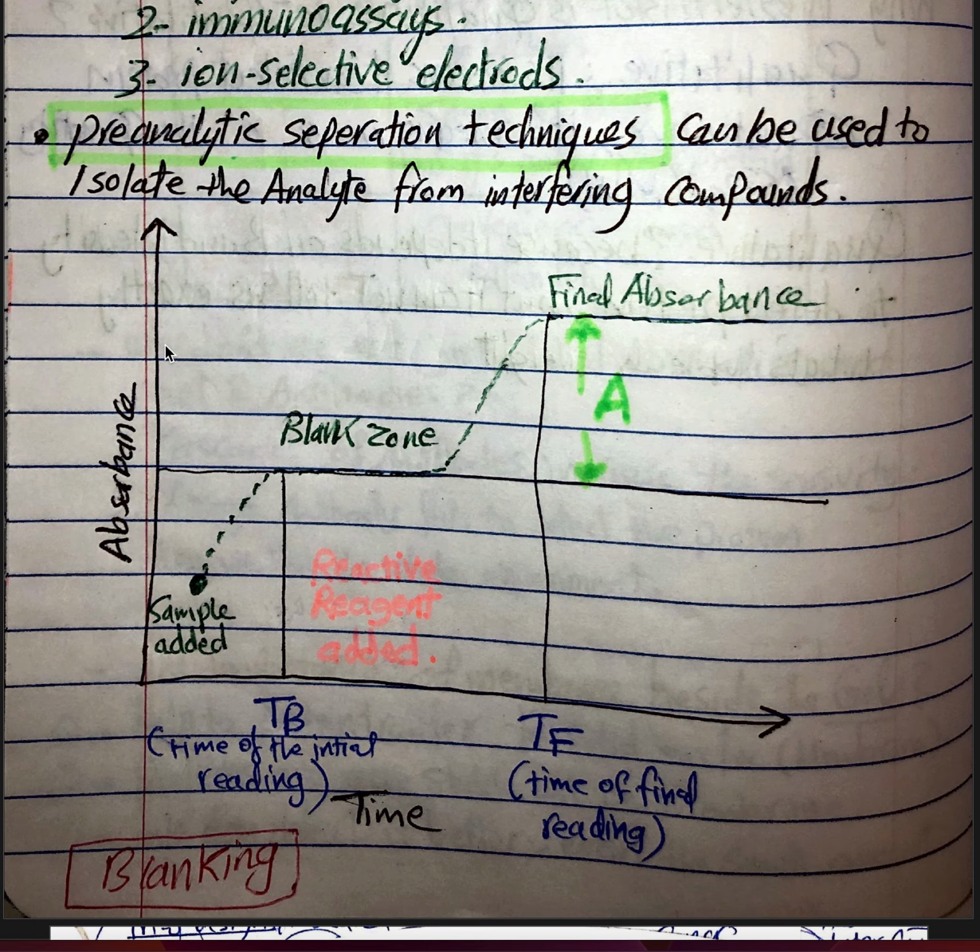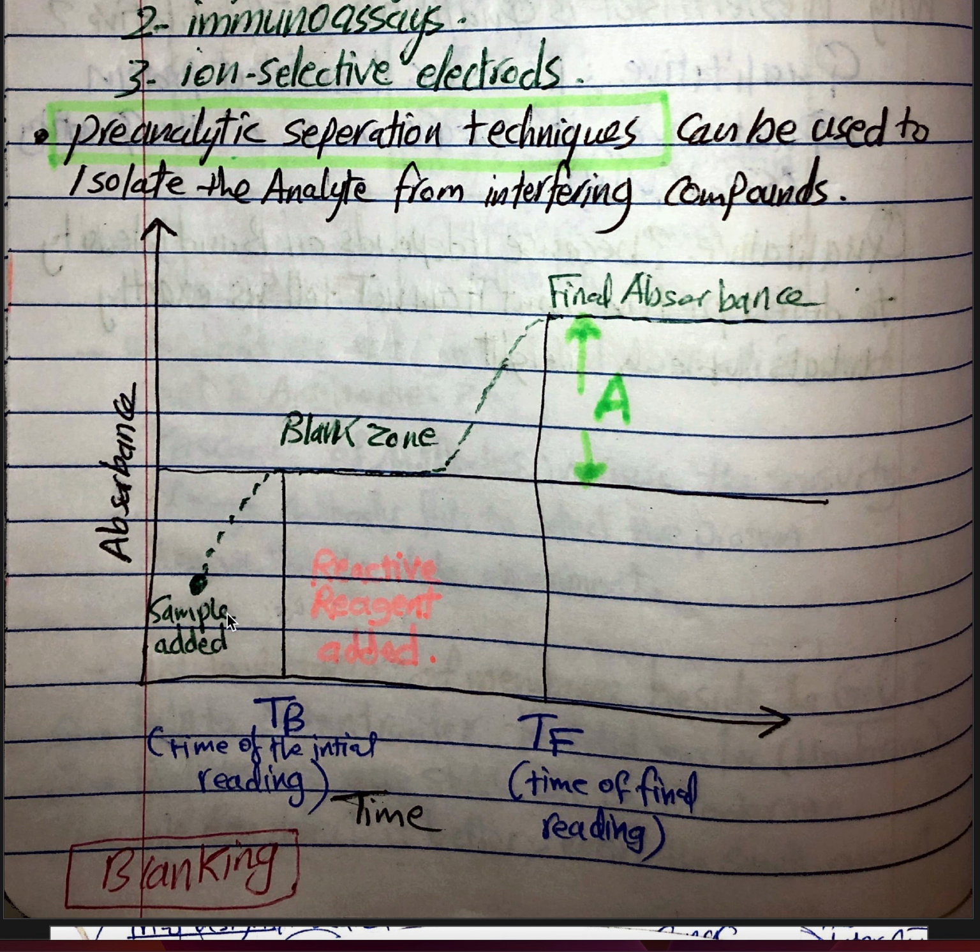Here it shows us how blanking works. Here we have the absorbance, and here we have the time. The time is always on the horizontal axis and the absorbance on the vertical. So we have here the time of the initial reading, and this is the time of the final reading. We can say this is the blank zone.